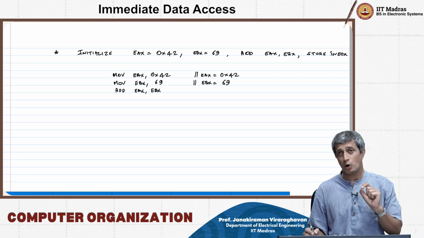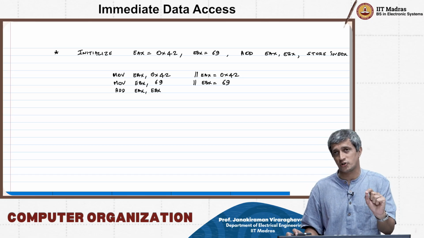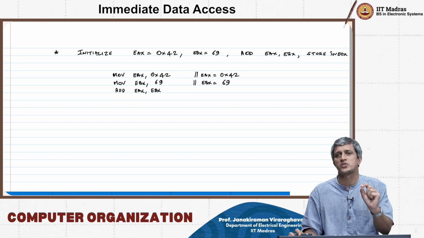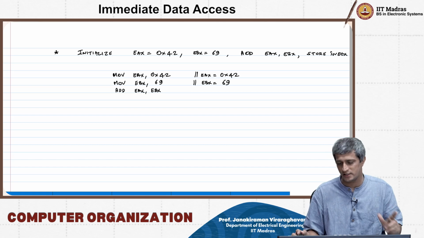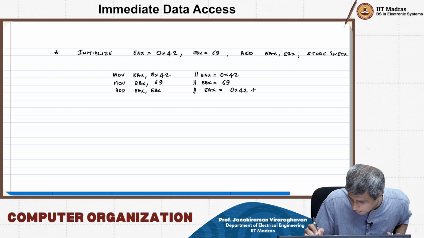It is important to note that when I do the addition instruction, one of the registers is going to serve as the source as well as the destination. So here EAX after this operation will get the value of 0x42 plus 69.